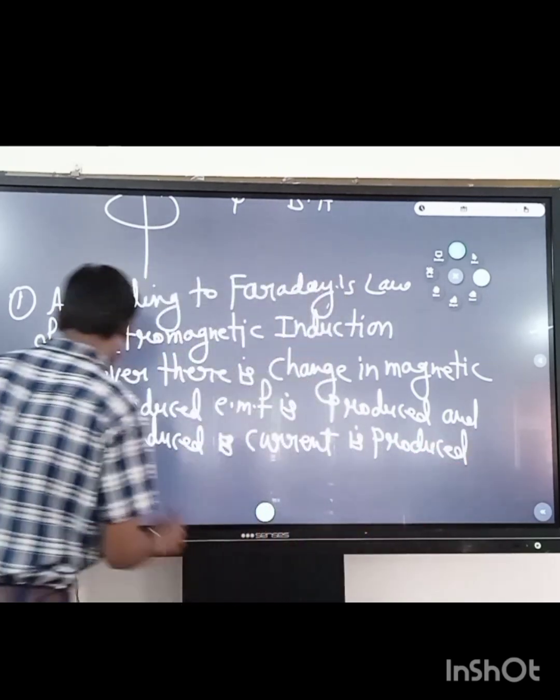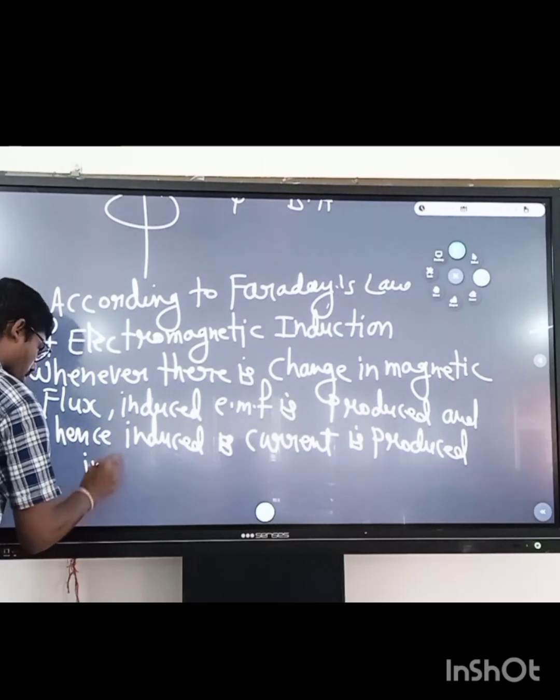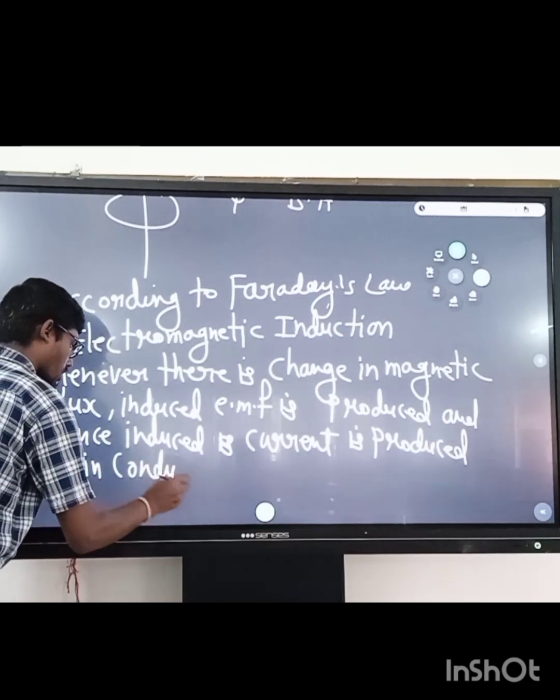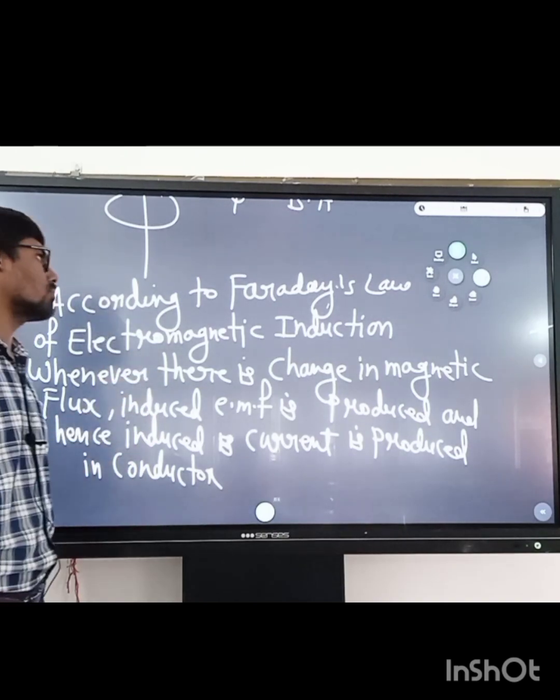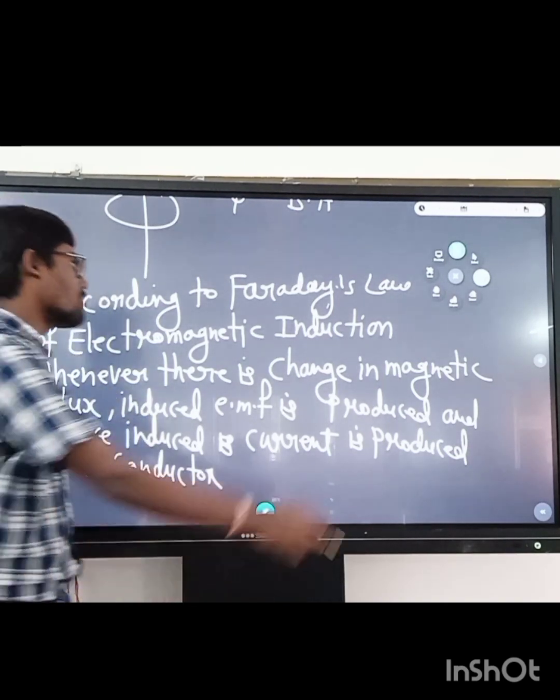Induced current flows in the conductor. This is the first law of Faraday's law of electromagnetic induction. Now the second law.